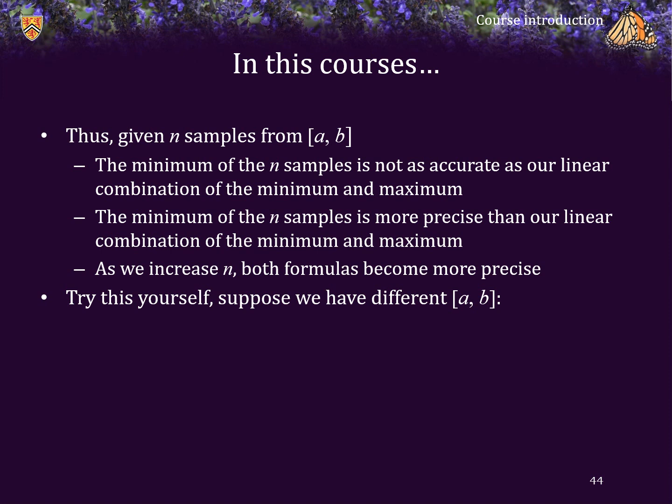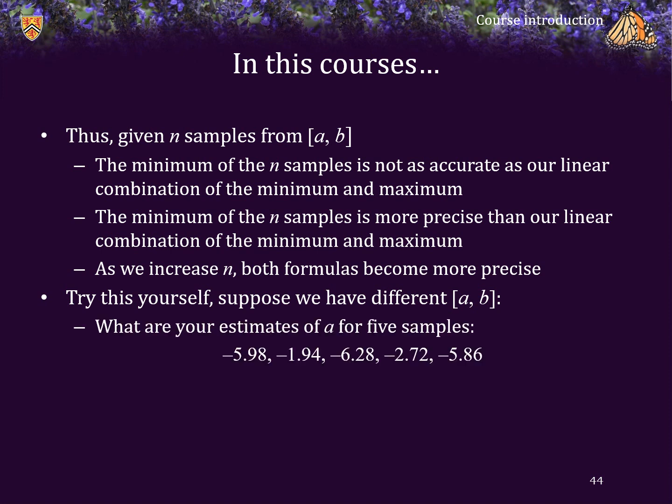Suppose I have a different interval a, b, and I have 5 samples from that interval. All right, so here are 5 samples. How would you estimate the lower bound of the interval from which these 5 samples are taken?